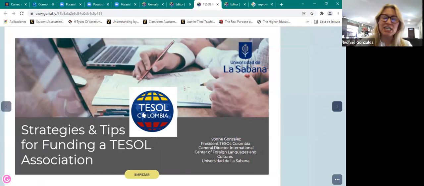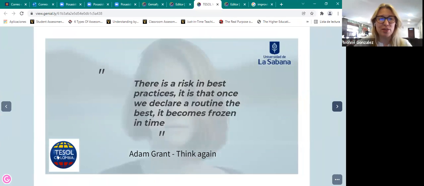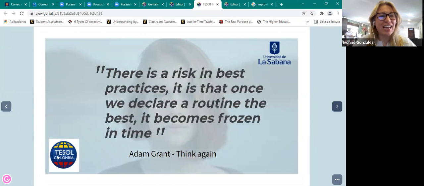Always in my presentations, I like to start with a reflection. I tend to take quotes from books that I recently read. This one is from Adam Grant, the last book I read, Think Again. I always keep this sentence in my mind: there is a risk in best practices.